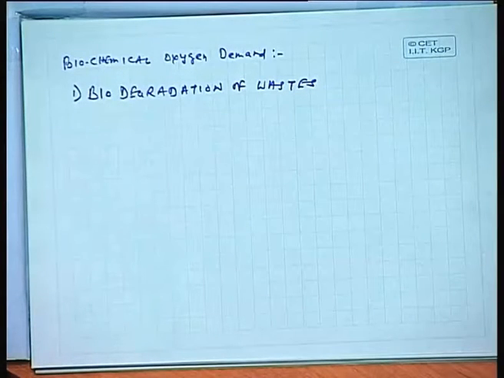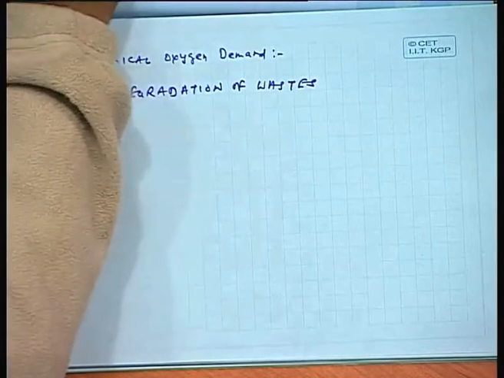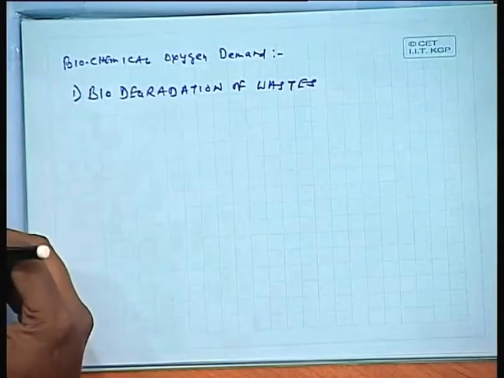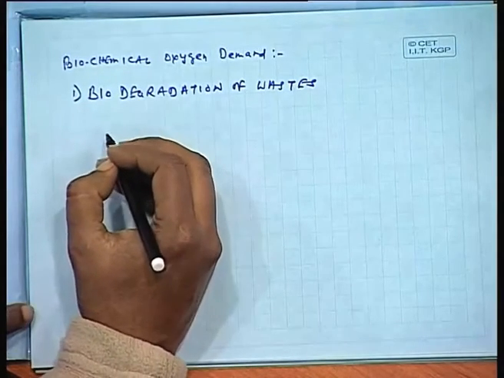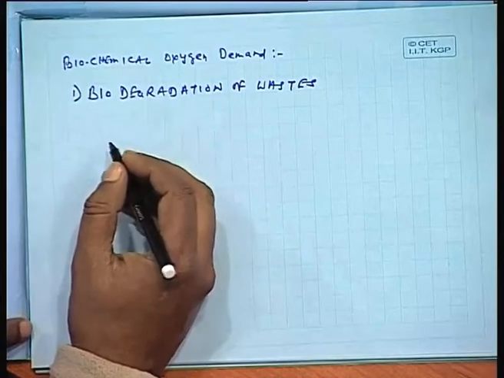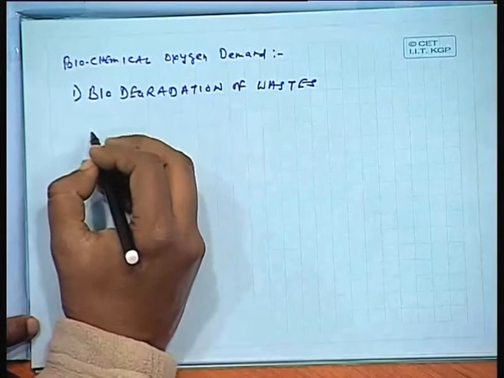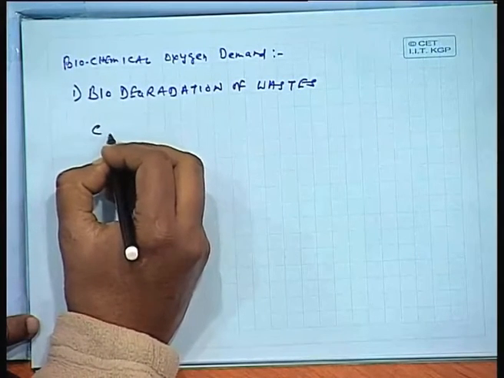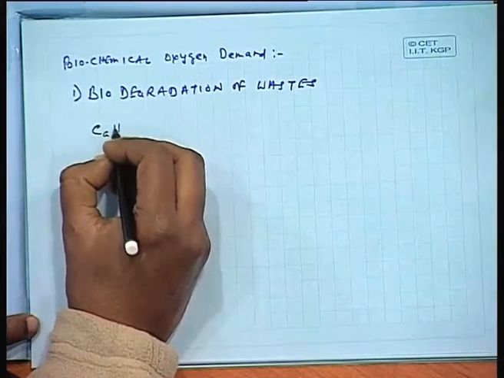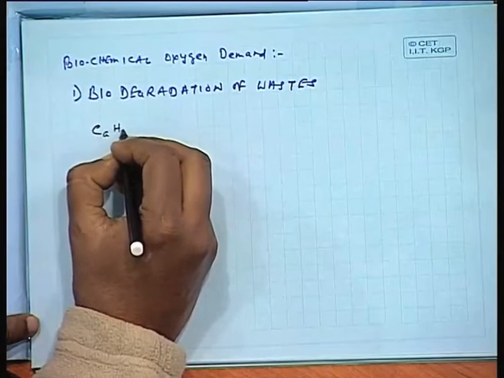So, this biodegradation of waste, we can write a particular equation encompassing the complete reaction that actually takes place. Carbon is a very integral part of these kinds of wastes.